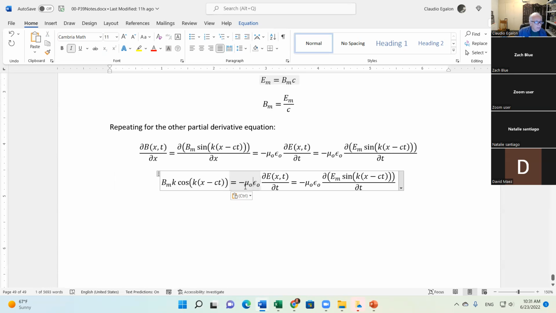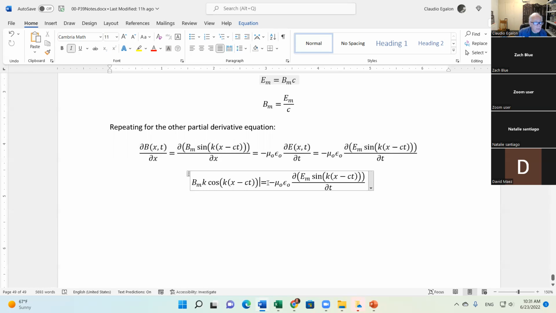Okay, so what about this one here? It's going to become cosine as well, right? And it's going to be minus k c, right?